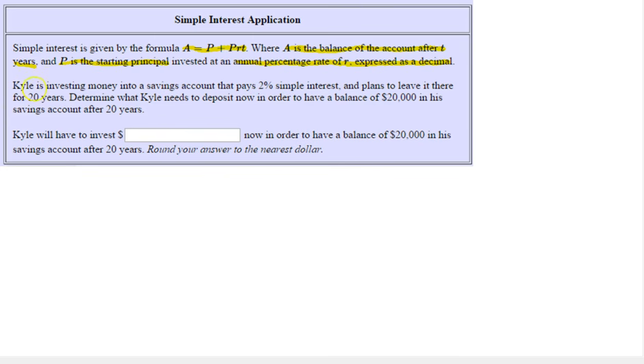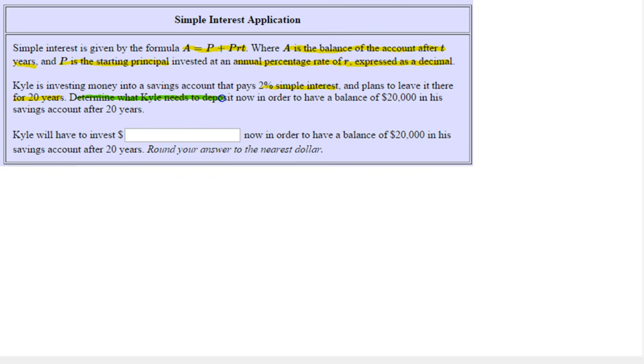Now we're going to read the problem. So Kyle is investing money into a savings account that pays 2% simple interest and plans to leave it in there for 20 years. Now I see the word determine. I'm going to switch to green because this is going to be our goal, what we're going to find.